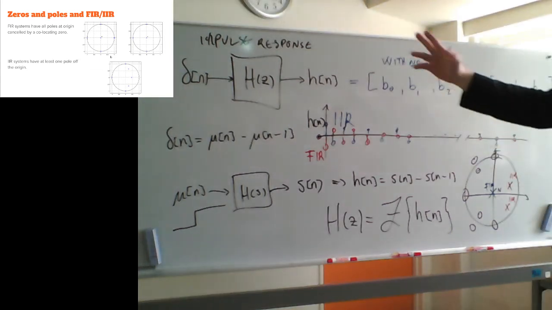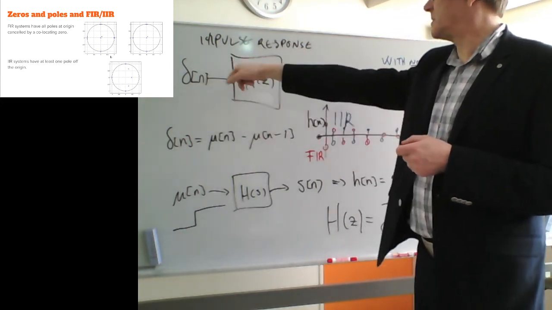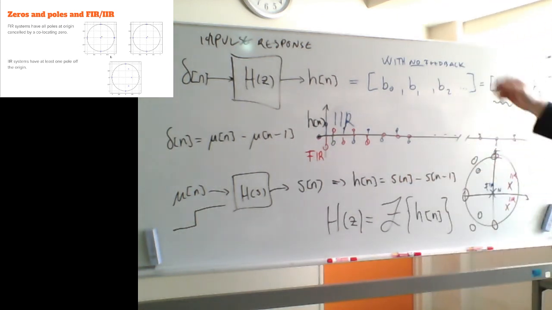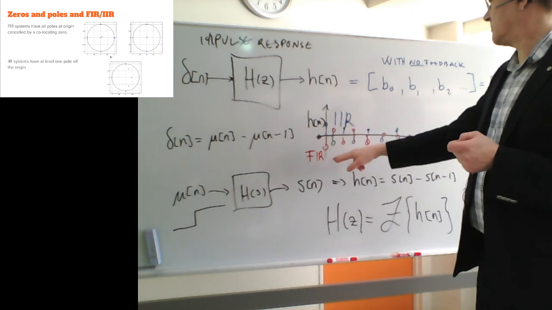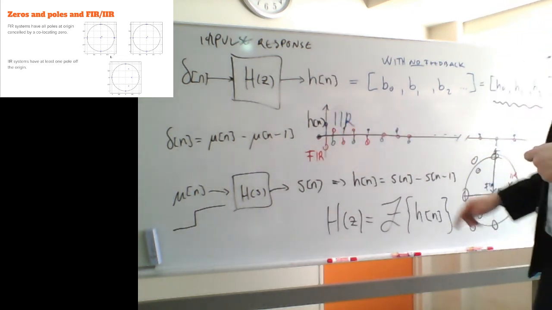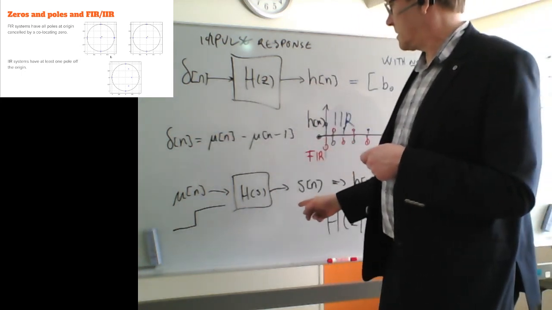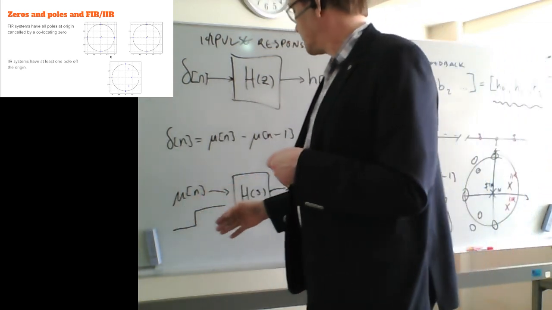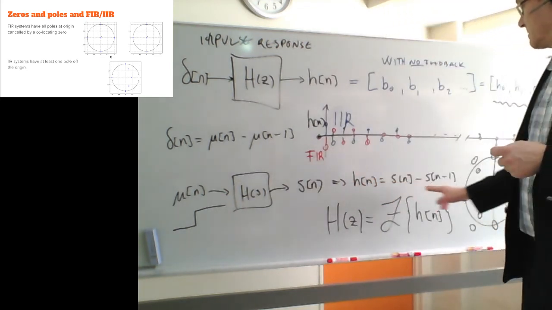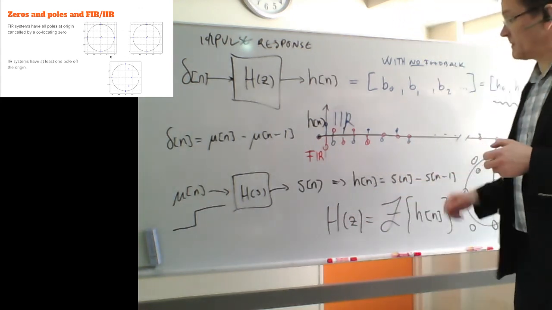So, impulse response is easy to find out. You just run the signal through a system, you get the impulse response. Then it can be either finite, so it ends, or infinite, it doesn't end. For linear systems, you can actually measure the impulse response also by using the step function, which then just needs a simple filtering to find out what the impulse response is.